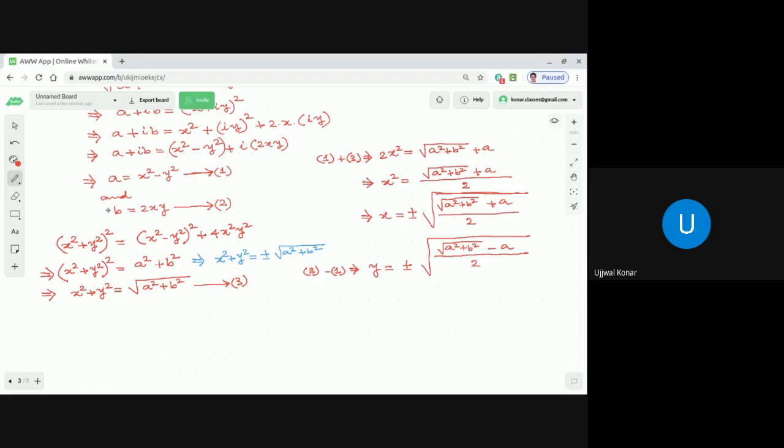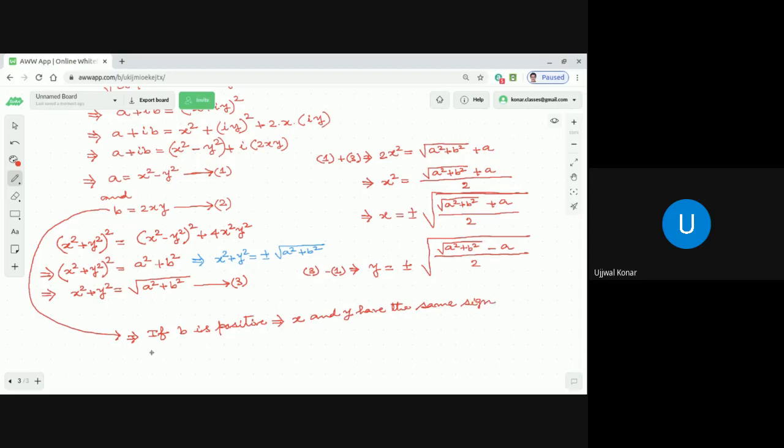So from equation 2, if b is positive, this implies x and y have the same sign.